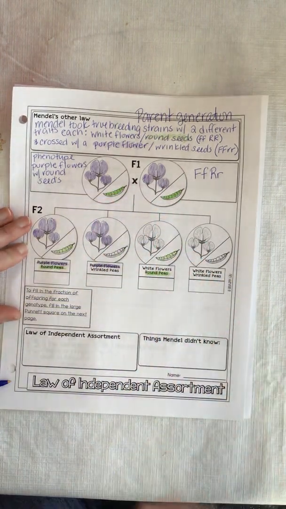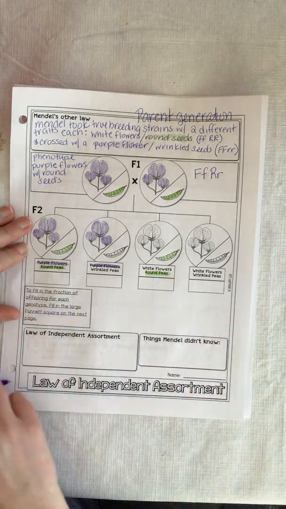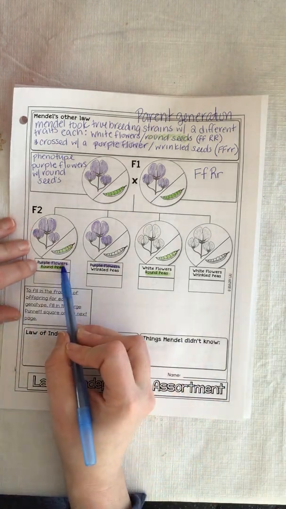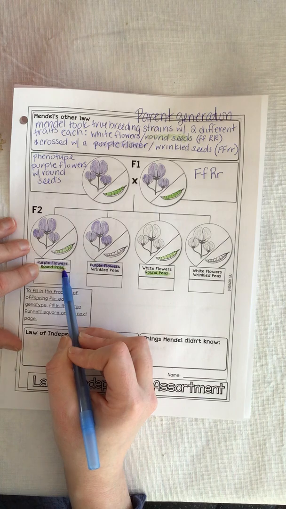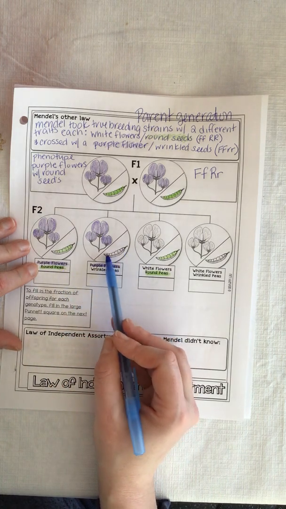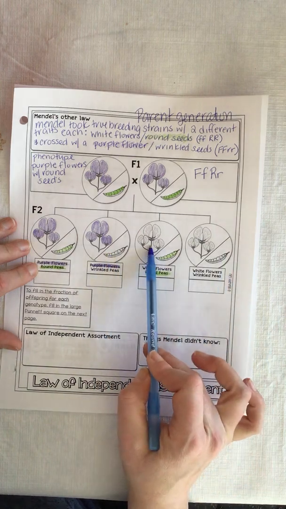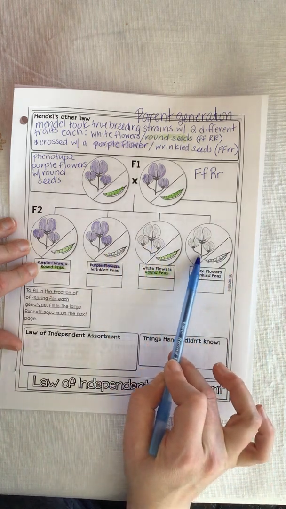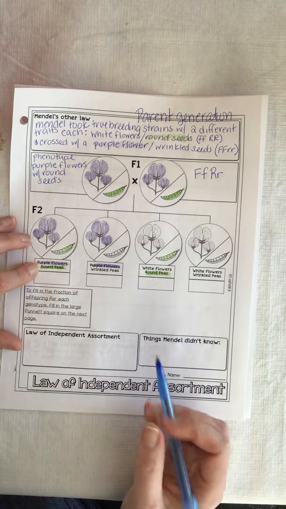And then he let them self-pollinate. And he ended up seeing that he got some with purple flowers and round seeds, some with purple flowers and wrinkled seeds. Notice I didn't color them in. Some with white flowers and round seeds, and some with white flowers and wrinkled seeds.